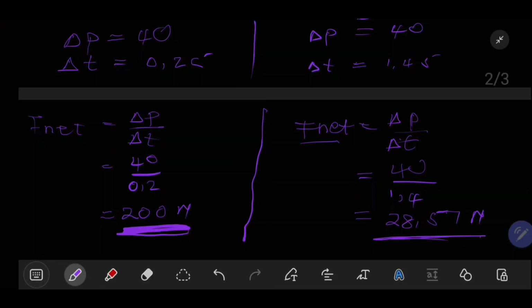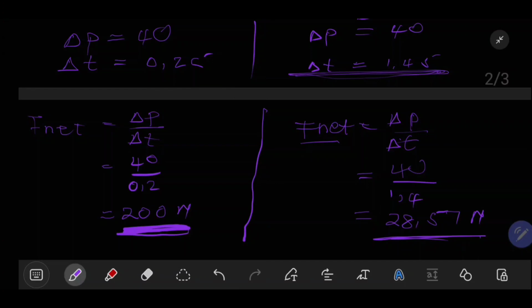It means if you were in car A, you were going to experience more force compared to someone who is in car B. Because in car B, because of the effect of the airbags and the seat belt, it took a longer time to bring the driver to a stop. But in car A, because there are no airbags, immediately when the car crashes, the driver will experience the force of impact.